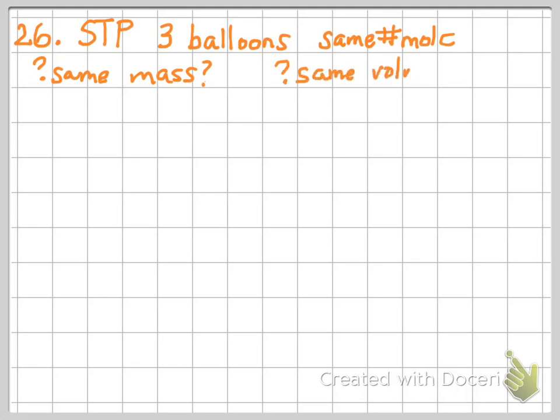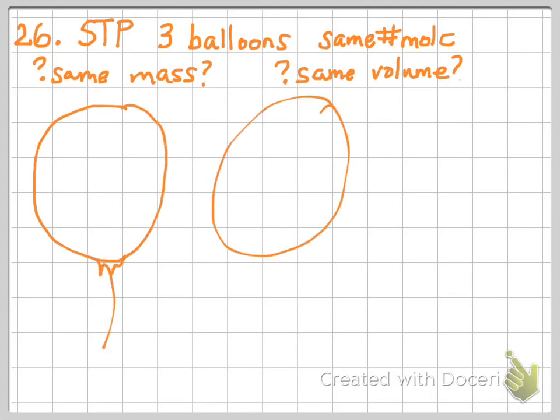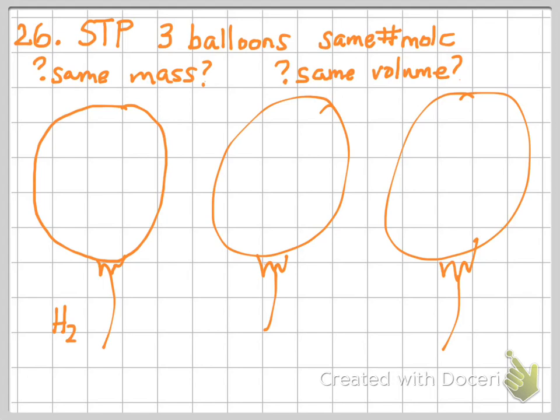So again, I think it's easiest to think about a picture. So I have 3 balloons, and they contain 3 different gases. Let's decide what gases they have. Let's make this one a flammable balloon, hydrogen gas.